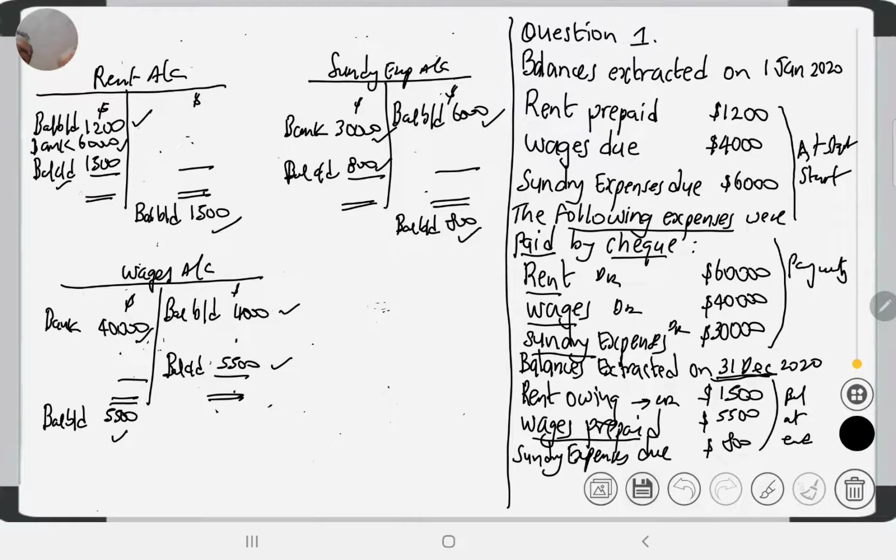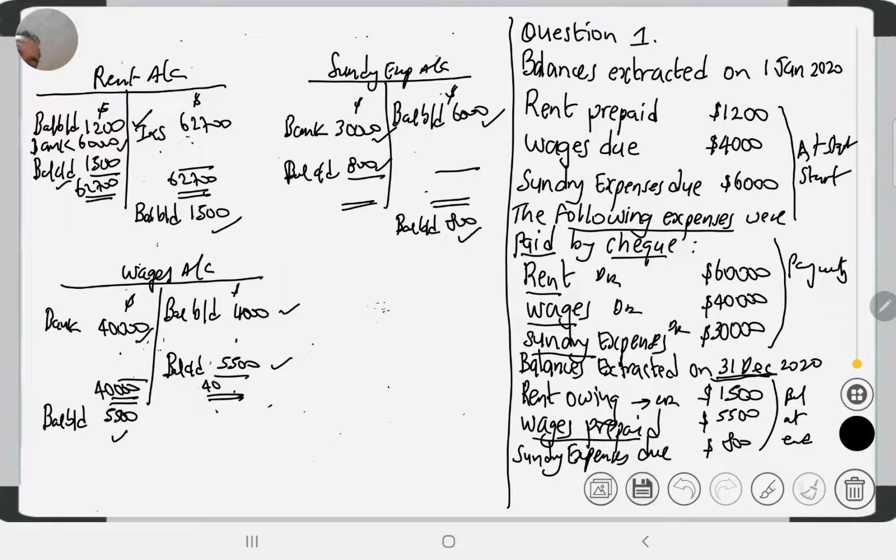We have to close this one. This will give us 62,700, 62,700. This will be transferred to the income statement. And this one, 40,000.